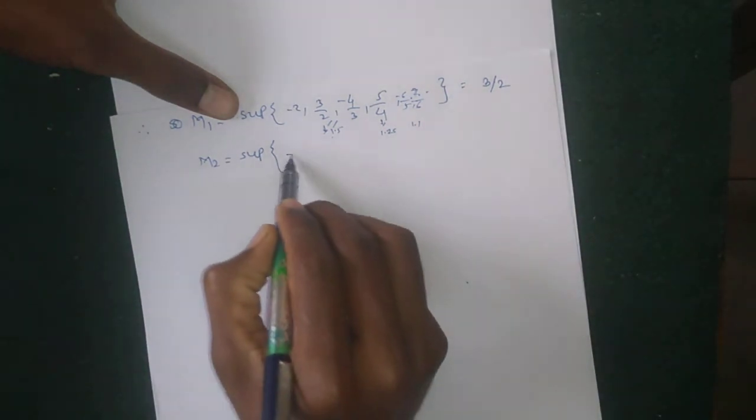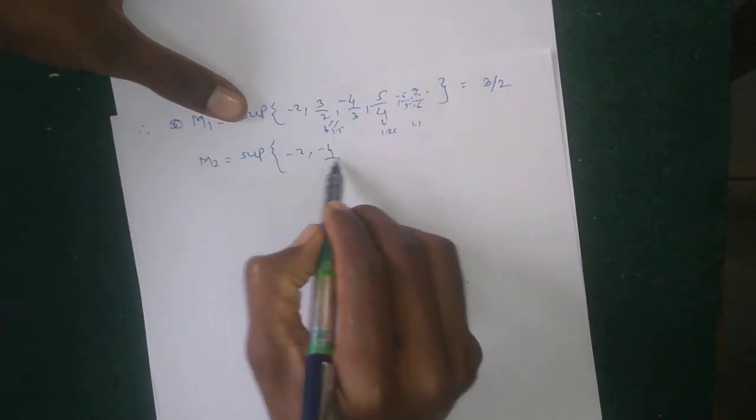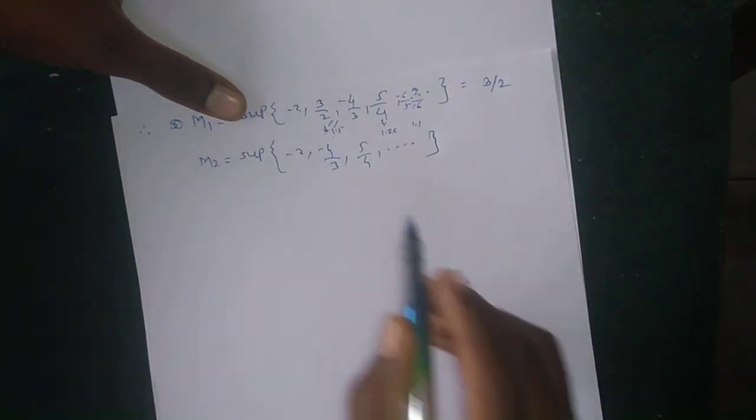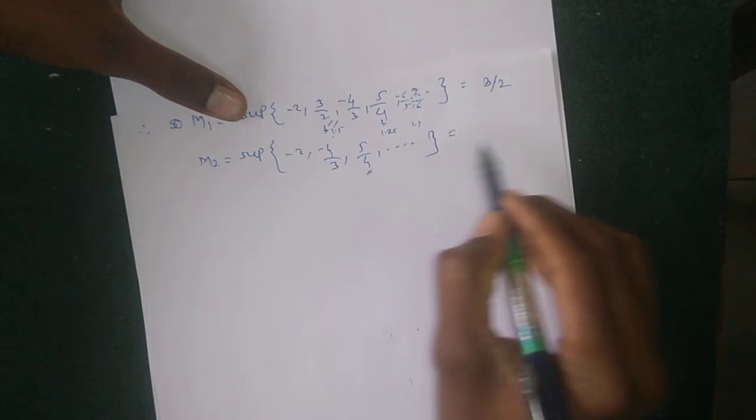Okay, then M2 is the supremum of minus 2, minus 4 by 3, 5 by 4, and up to so on. In this way their value must be 5 by 4.